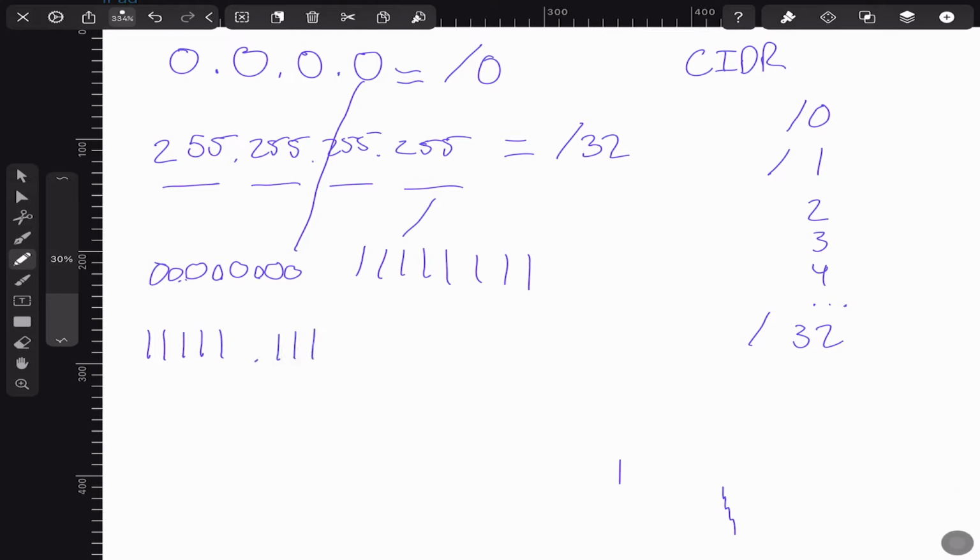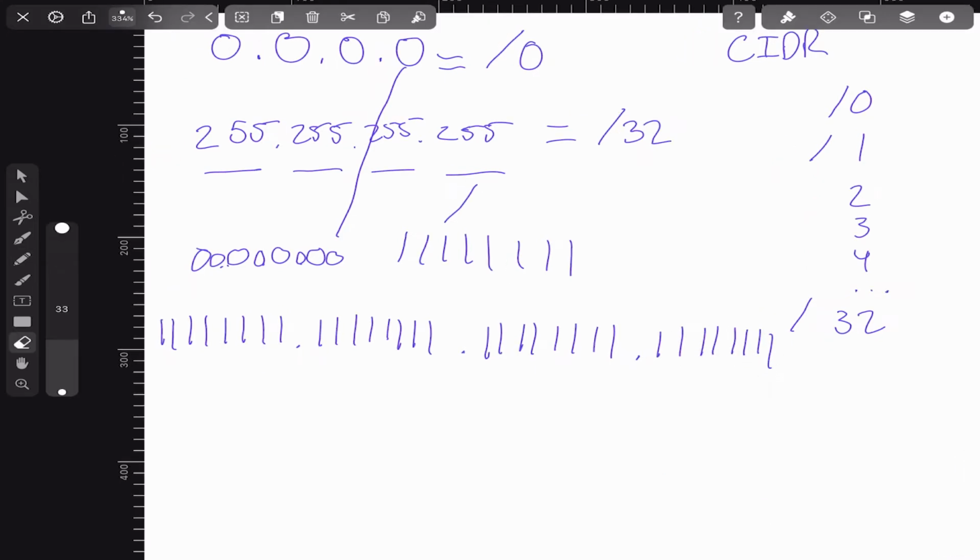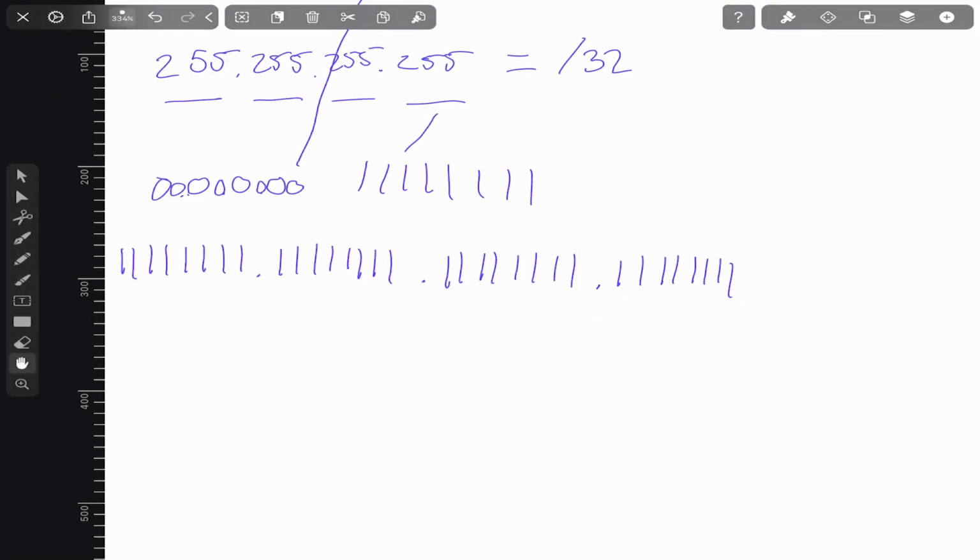All right. So this 255.255.255.255, this is all filled to the brim.